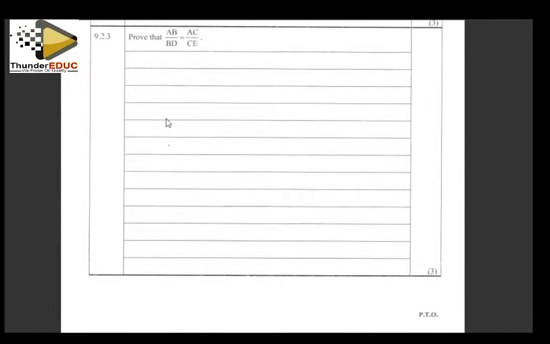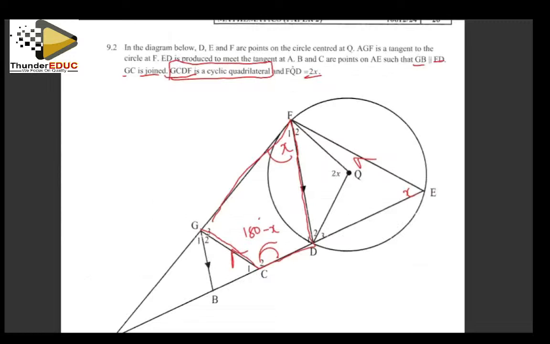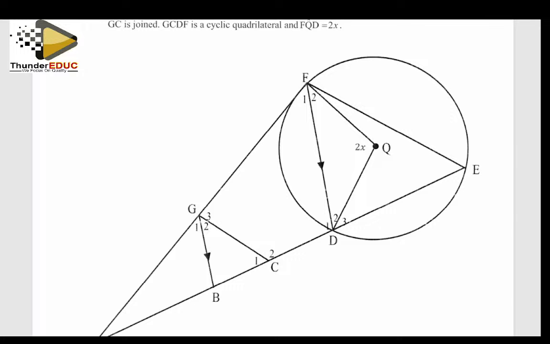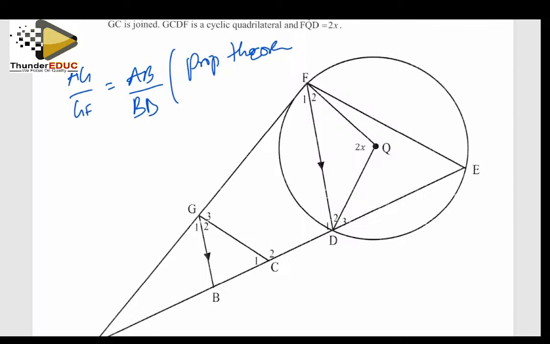Now they want us to prove that AB over BD is the same as AC over CE. 9.2.3, I want us to prove that. I'm going to say that AG over GF should be equal to AB divided by BD. That is the proportionality theorem, because GB is parallel to FD.